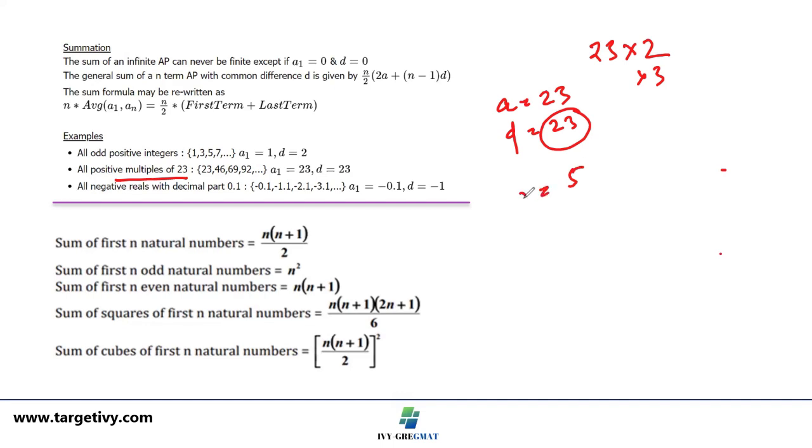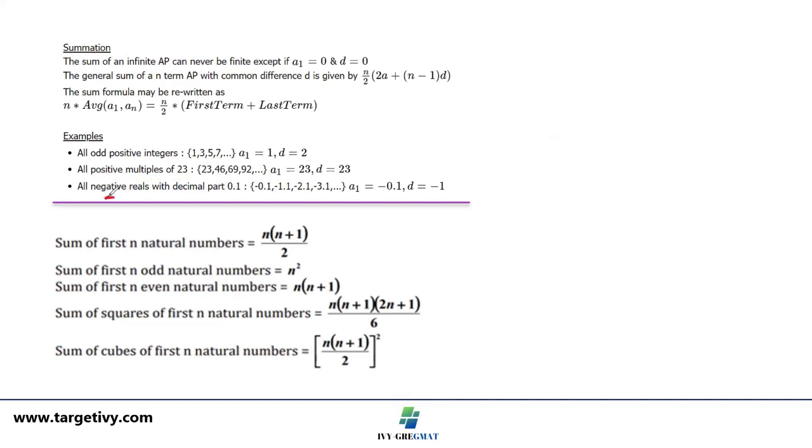So a will become 5 and d will also become 5, because it's 5, 10, 15, 20, like this. Another situation: all negative reals with decimal 0.1. So again, a1 is equal to minus 0.1, and the difference is minus 0.1. So this is for our understanding sake of how it happens.